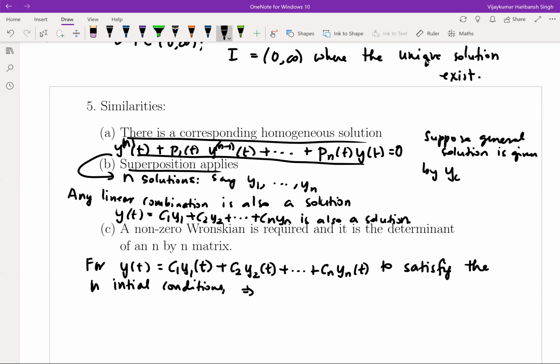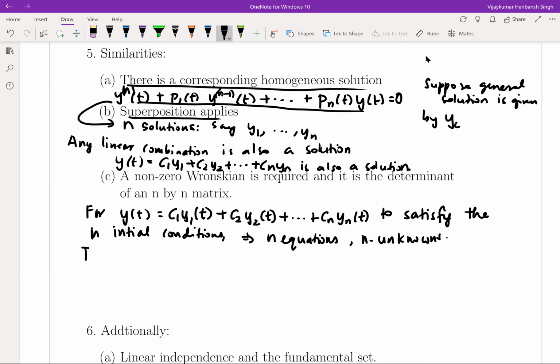This will give us what? If you make it satisfy the n initial conditions, you will get n equations, n unknowns. So there's a unique solution. We are trying to solve for c1, c2, c3, cn, because we are saying any solution y of t can be written as a linear combination of these n solutions, which are linearly independent.